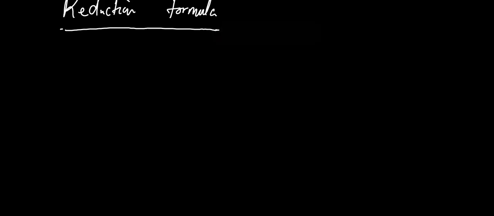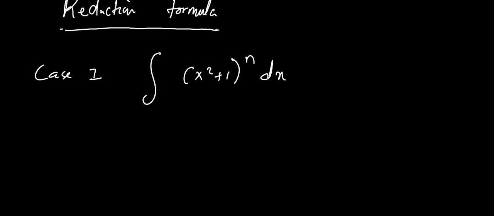So we have case 1. We want the reduction formula of x squared plus 1 to the power n dx. The first thing you do is try to apply u substitution. You're going to let u be equal to x squared plus 1.